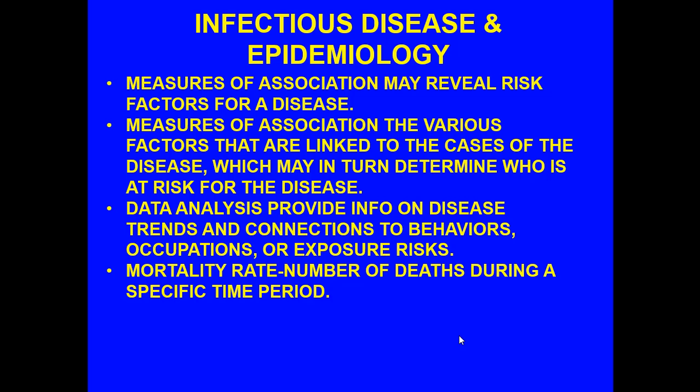Are these all individuals that were part of a fraternity house? Are these all individuals that basically worked at a particular factory? You have to find out what the variabilities or the association is. Data analysis provides information on disease trends and connections to behaviors, occupations, or exposure risks. And when I said mortality rate, this is the number of deaths during a specific time period.